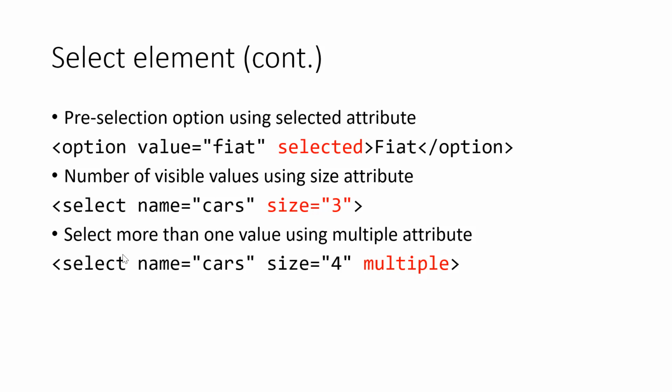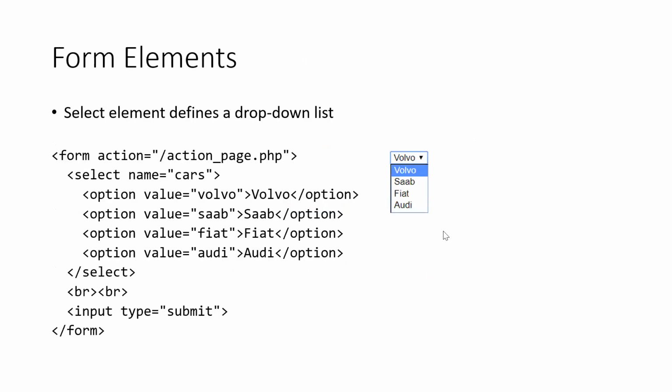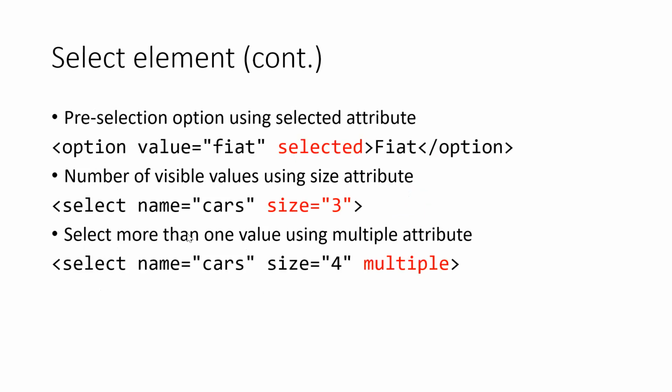For example, you can set the default selection to Fiat. And let's say the second one, you have a large number of cars here and you want to show only the first 3. We can simply say size 3. The last one, select more than one value using the multiple attribute. So you can say cars with size, but it allows you to have multiple values.